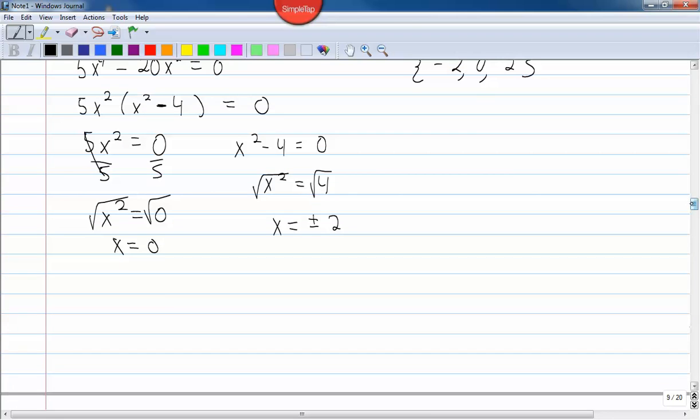Now the next type of equation we're going to solve by factoring is one that you may or may not have ever seen how to factor. And it is the method that we use to factor is called factoring by grouping.